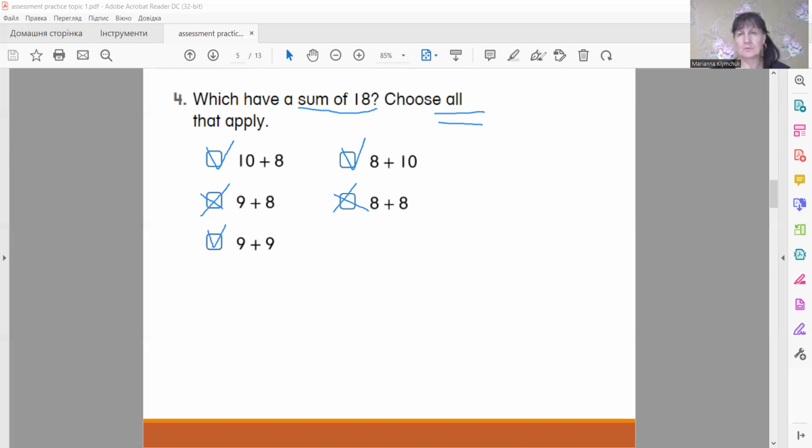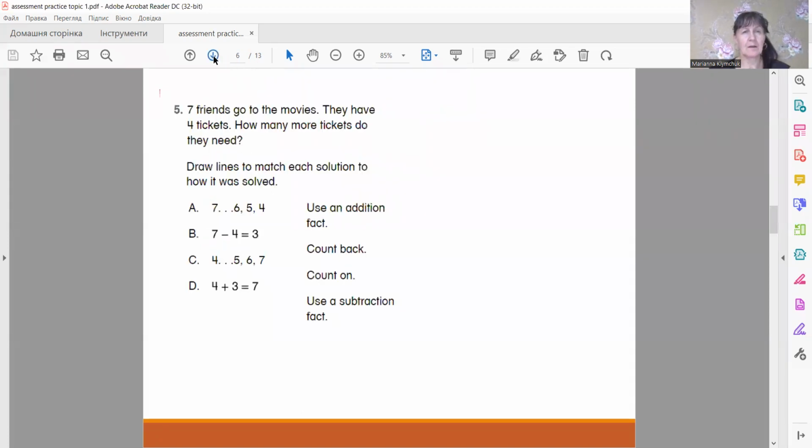Okay, now let's move to another task. Again, we have a lot of reading, but we don't need actually all that reading, because here, if you can see, we need to join the strategies with what is written, okay? So we have 7 friends.